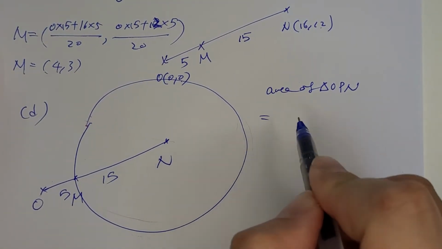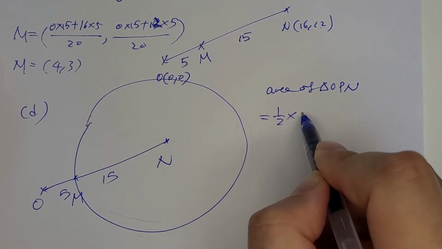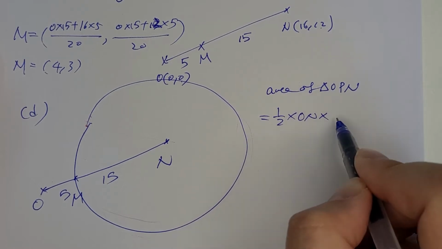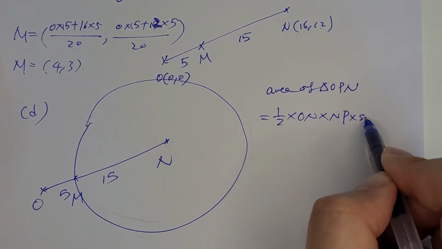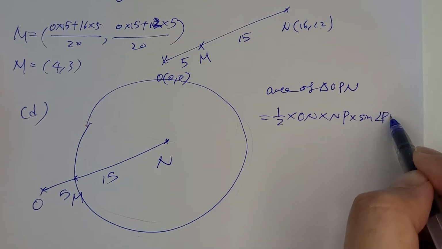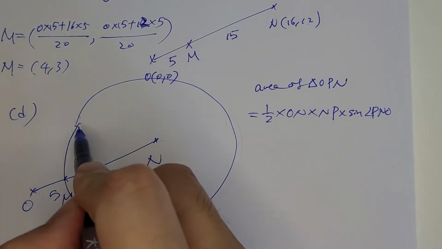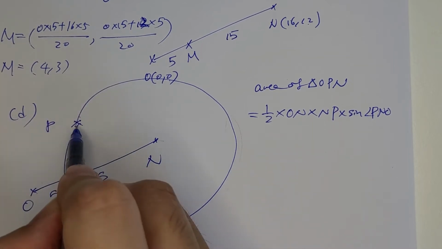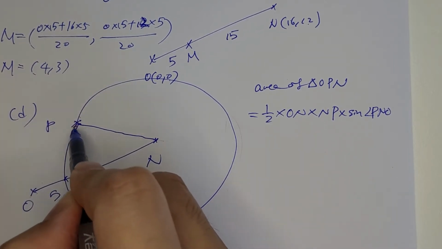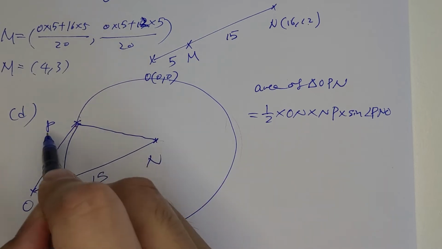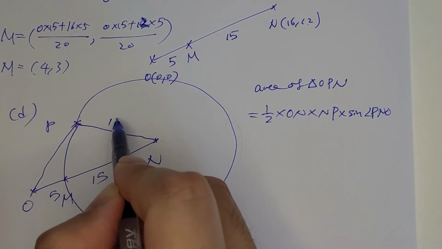You can consider in this way. That's 1 over 2 times ON times NP times sine angle PNO, right? Suppose point P is here, one of the possible points P, something like this.